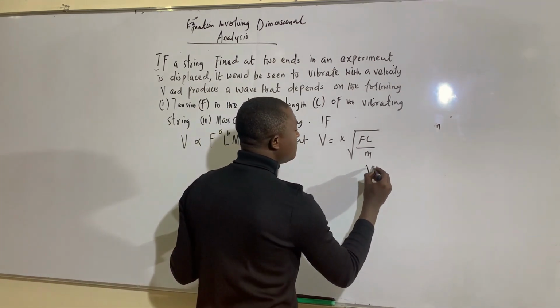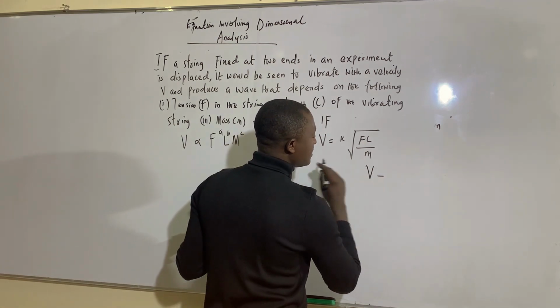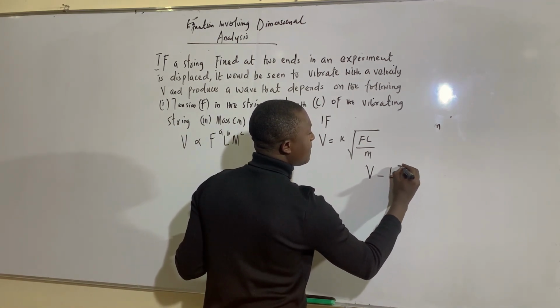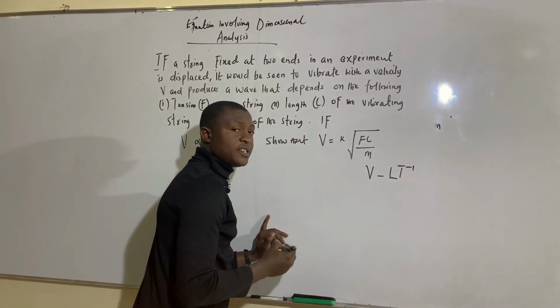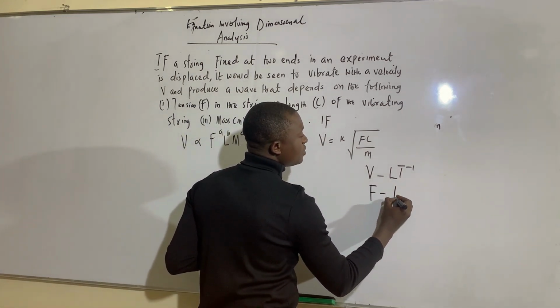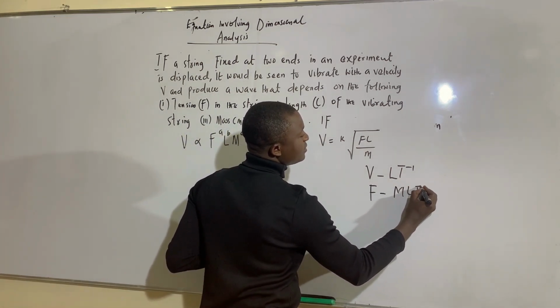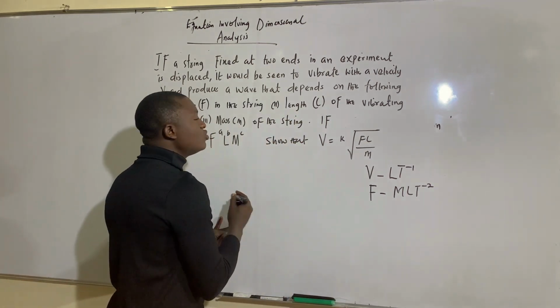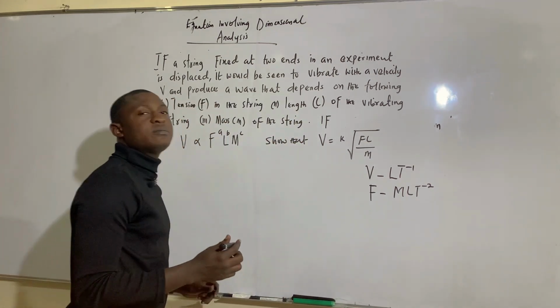We know V is a velocity, and the dimension for velocity is LT raised to the power of -1, right? Now, the dimension of force, which is tension, is MLT raised to the power of -2. L is L, and M is M.